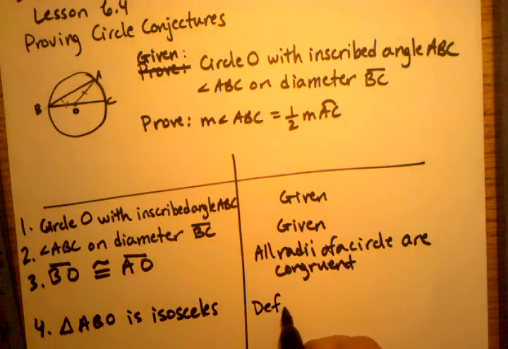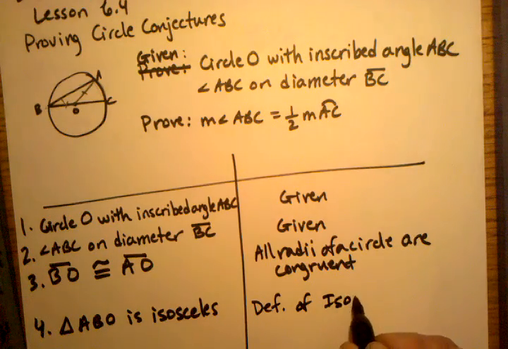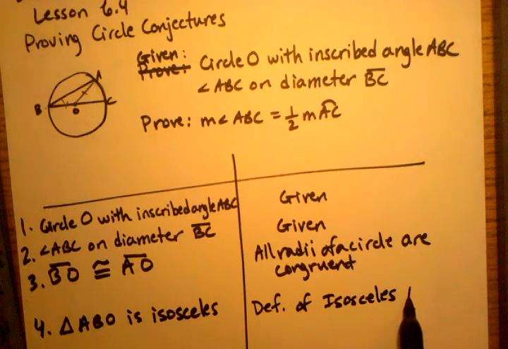So I'm going to put definition of isosceles triangle, abbreviated. Now that I know I have an isosceles triangle with two congruent sides, I'm getting to the measurement of the angles, which is where I wanted to get to. So now I can prove that angle B is congruent to angle A.